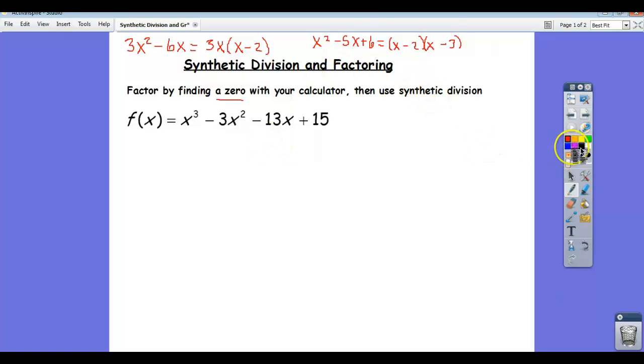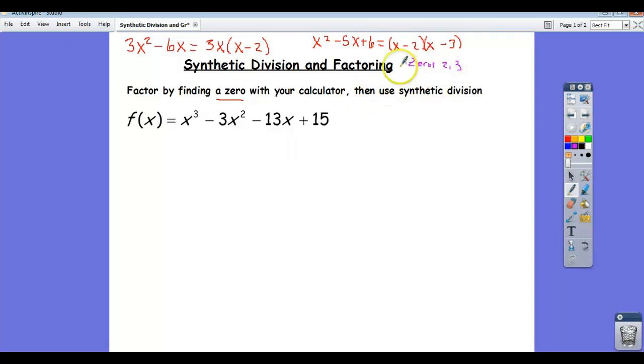So notice that the reason getting a 0 is useful is because, look at this polynomial over here. What are the zeros of this polynomial? If I asked you that question, you'd factor it, and then you'd look at the two factors and say, well, when I plug in 2, I get 0, and when I plug in 3, I get 0. So the zeros are 2 and 3.